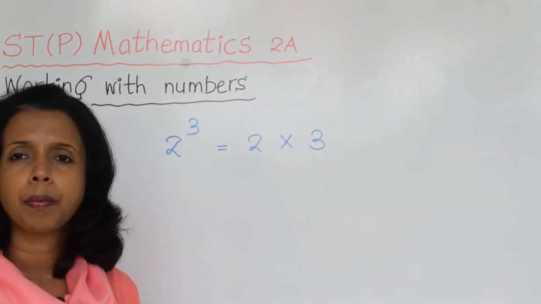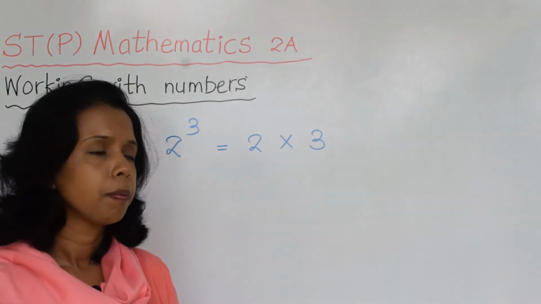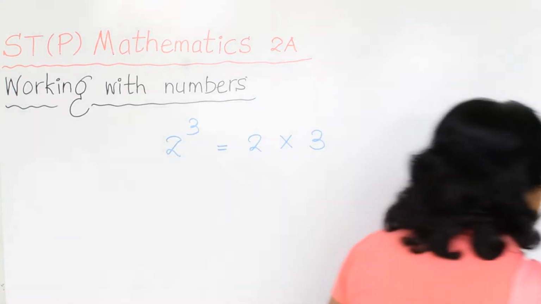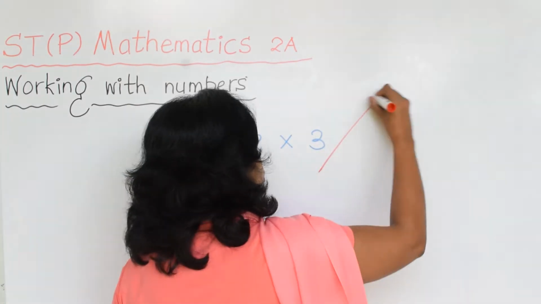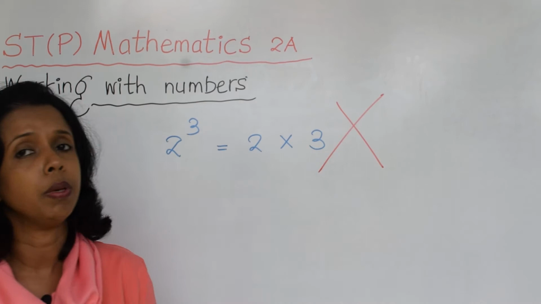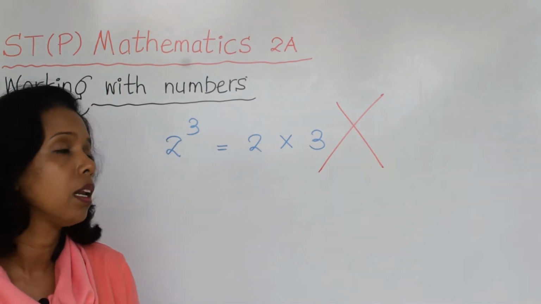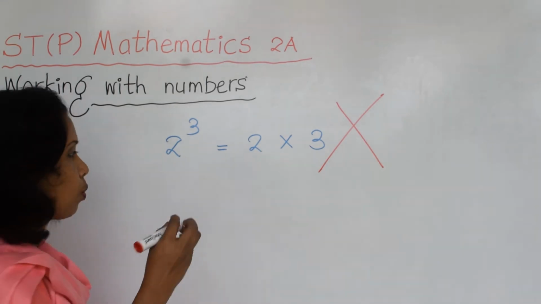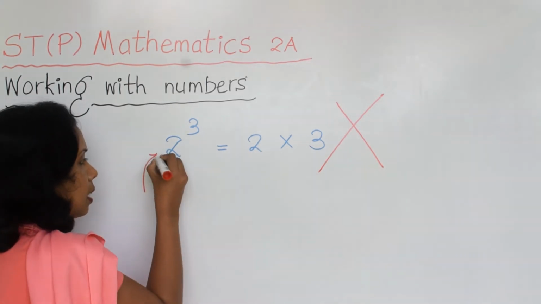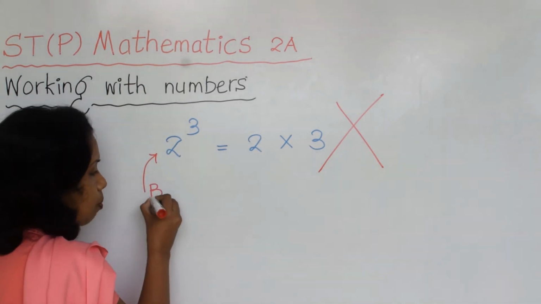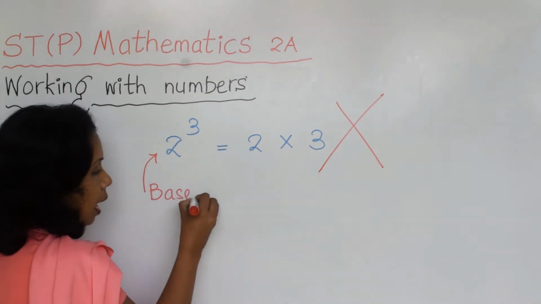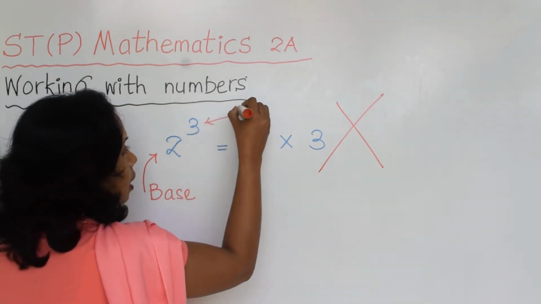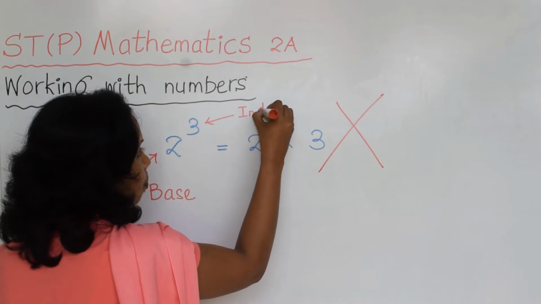No, that's wrong, right? So what does this mean, children? This is the index form. This is the base and this is the index.